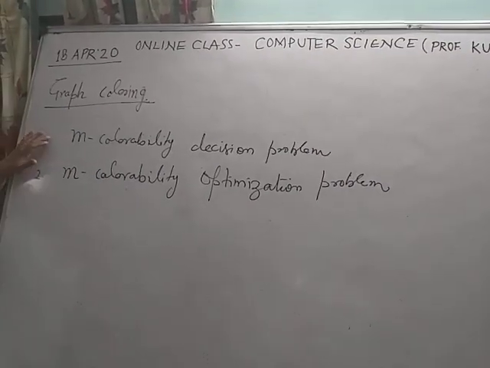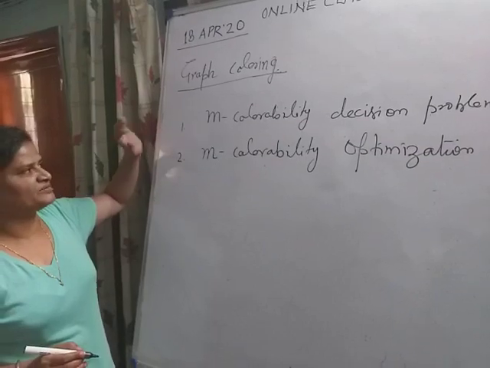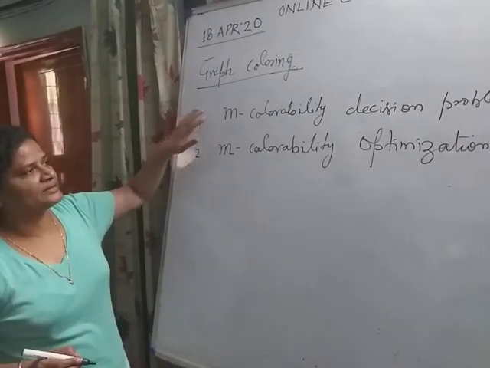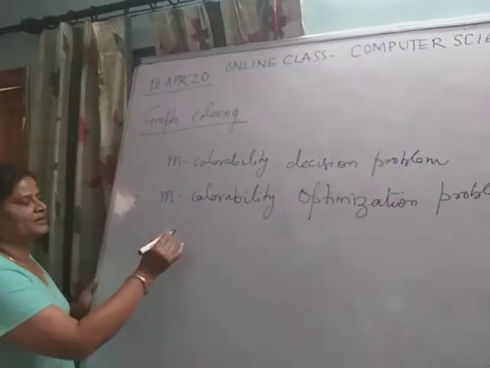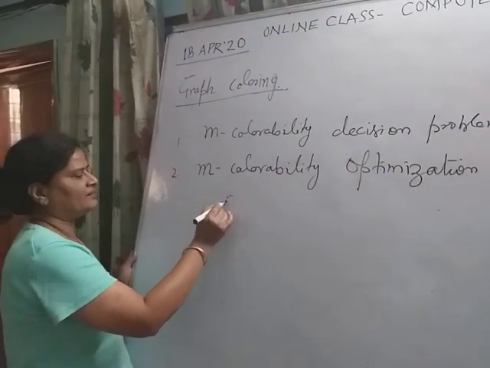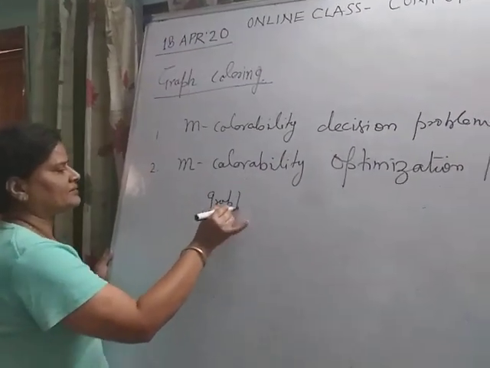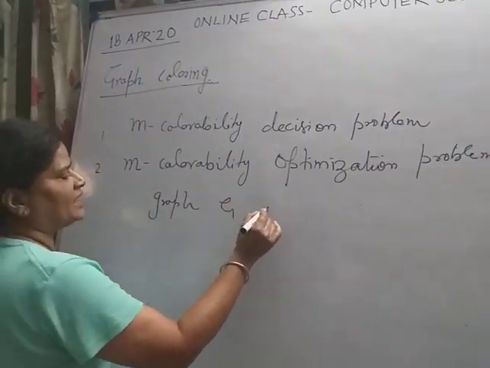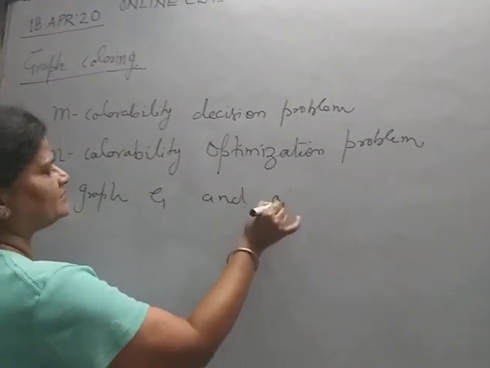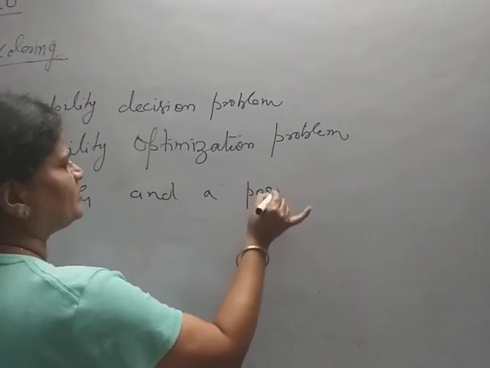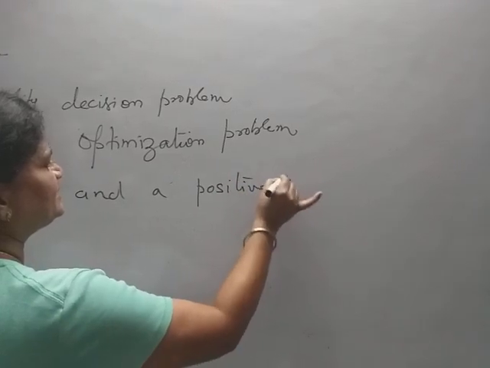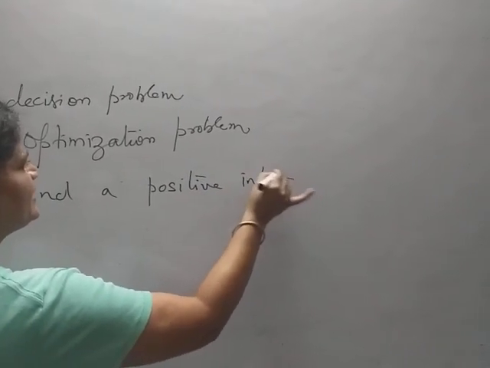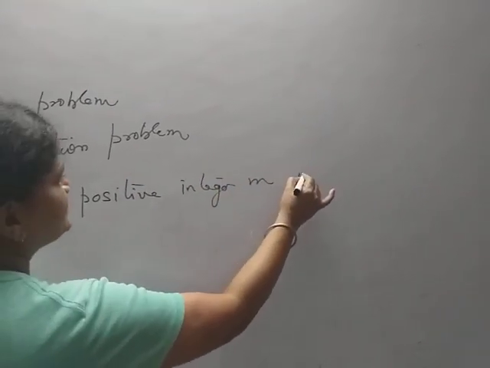In the M colorability decision problem, as I discussed in the previous lecture, a graph G is given, and a positive integer M is given.